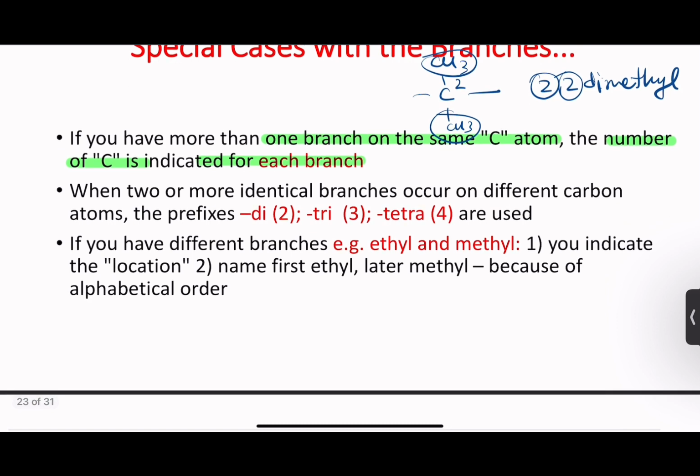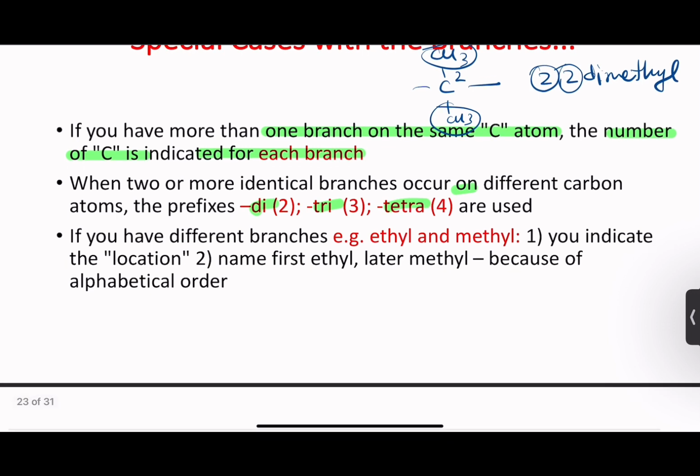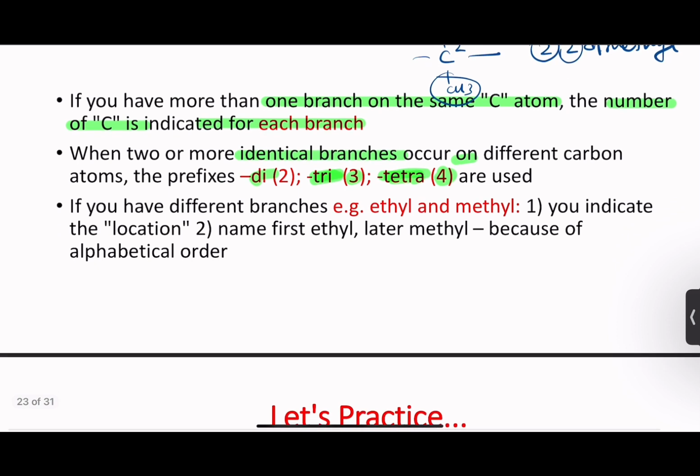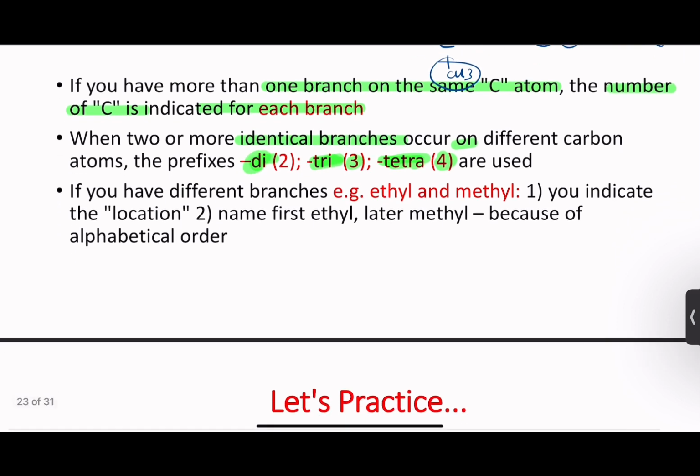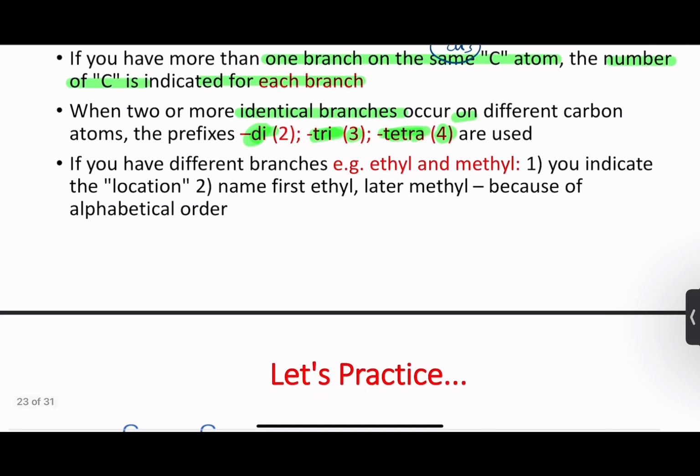When 2 or 3 or more identical branches occur, you say di, tri, tetra. If you have 4, you say tetra. If you have 3, you say tri. If you have 2 of them, you say di. But if you have 1, you don't say anything. You just write the branch name, like 2-methyl.